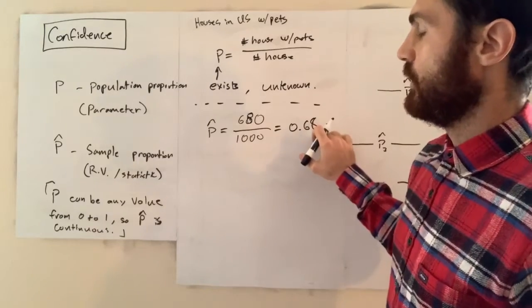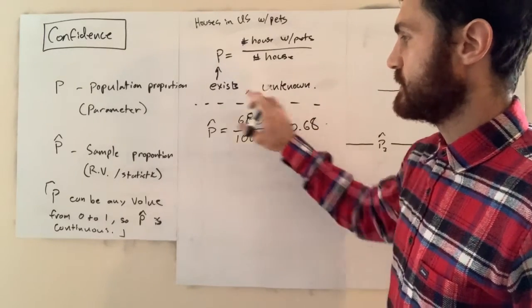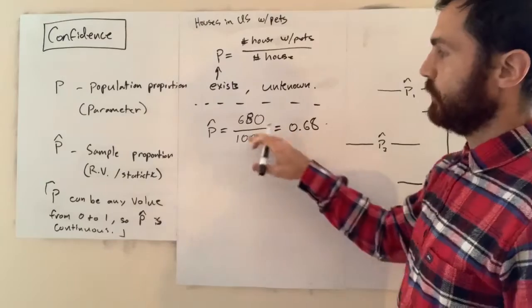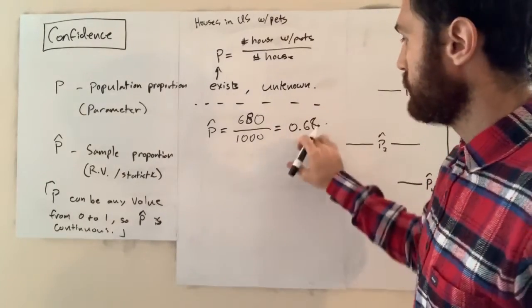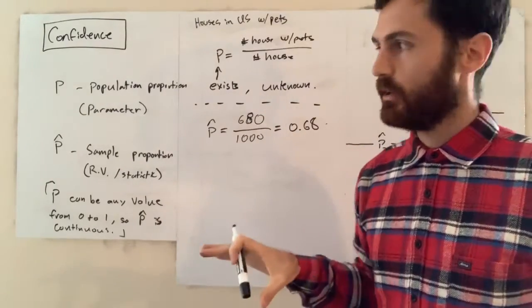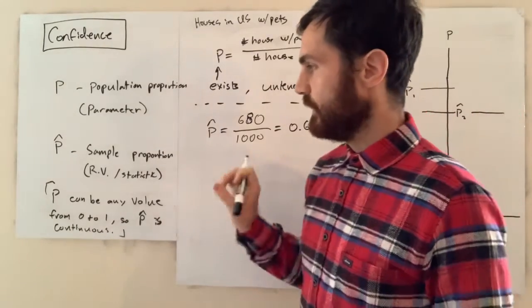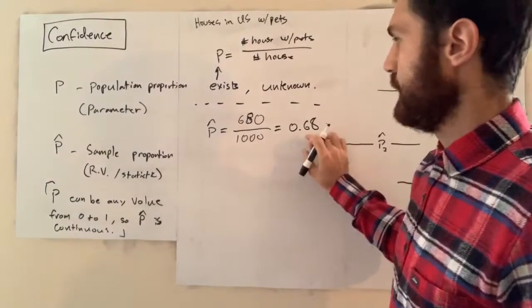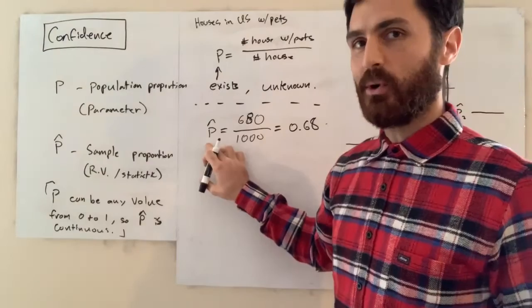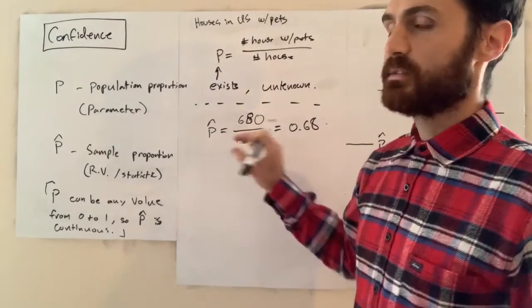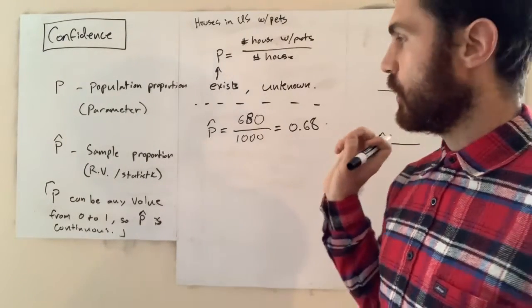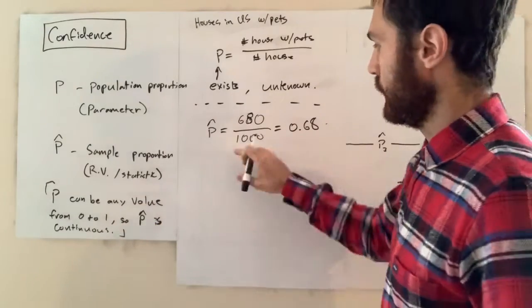In fact, you could take samples of 1,000 all day and probably never hit that number. Exactly. So what you want to think about this as is this is your marble. This is this small tiny thing that you are trying to throw at and hit your target.